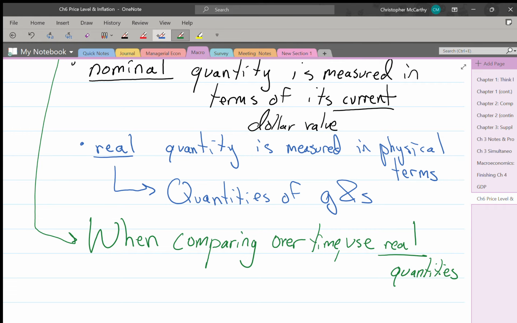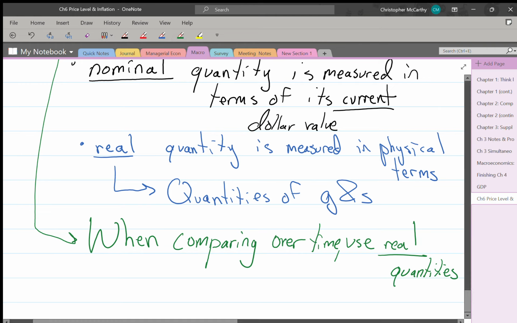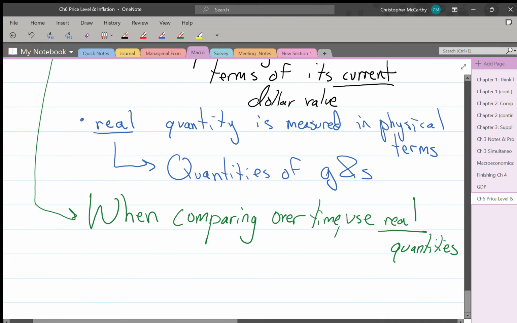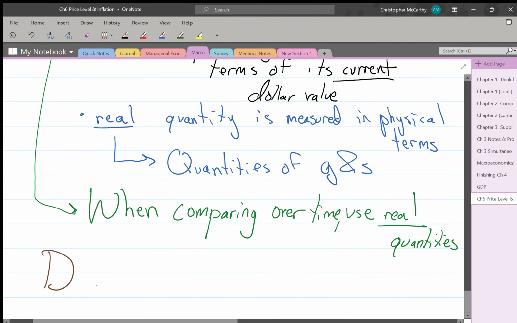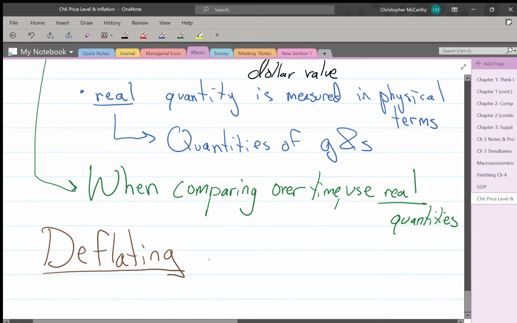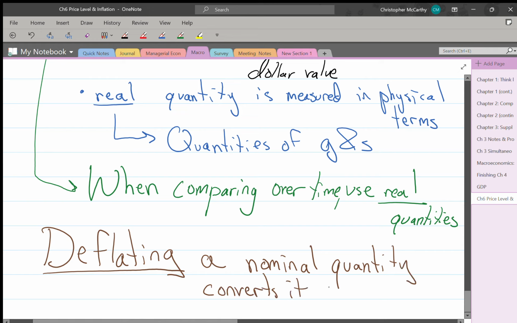So when we take something from a nominal to a real value, that's called deflating it. Just like deflating a balloon or a tire, deflating a nominal quantity converts it to a real quantity.